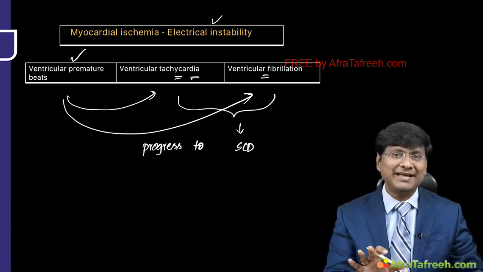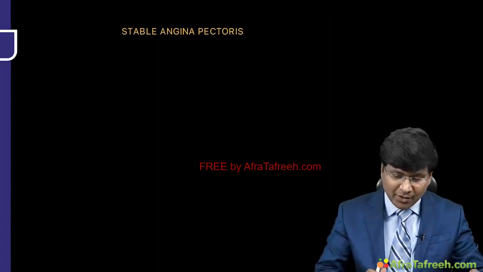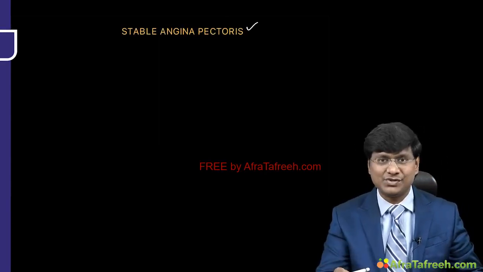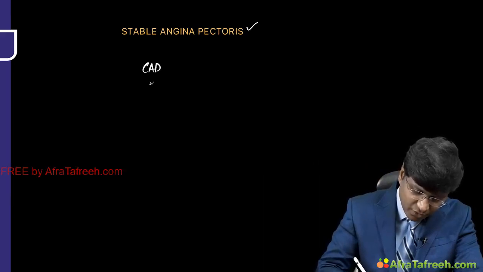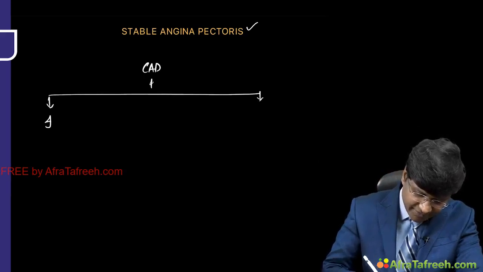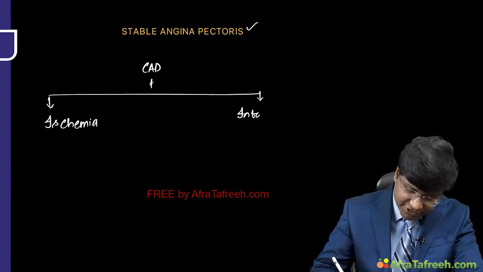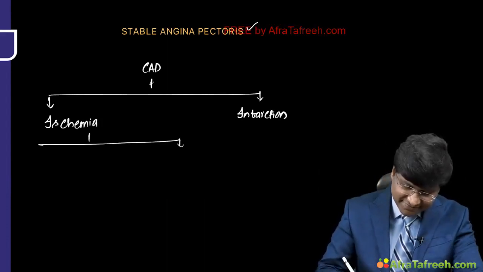Now, followed by atherosclerosis and the effects of ischemia, let me discuss in detail the stable angina pectoris. If you see the classification of coronary artery disease, we classify it into individuals developing ischemia and infarction.